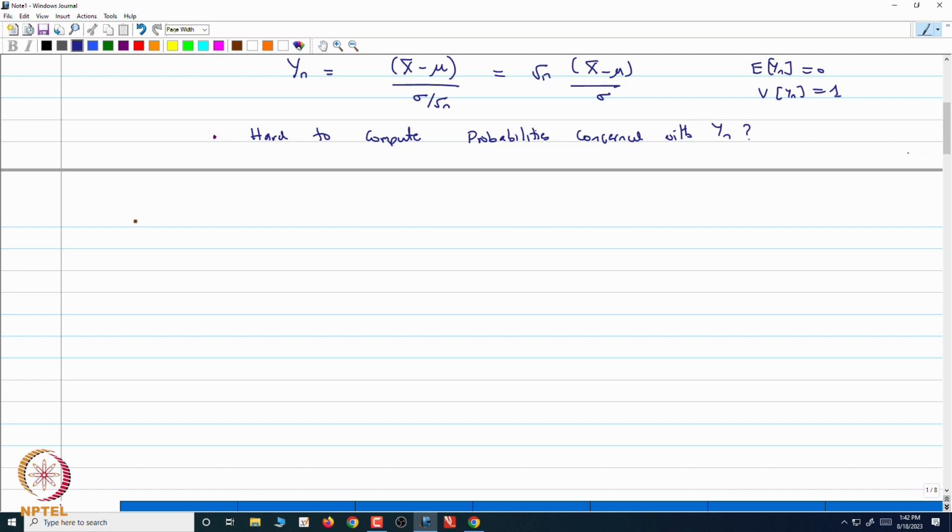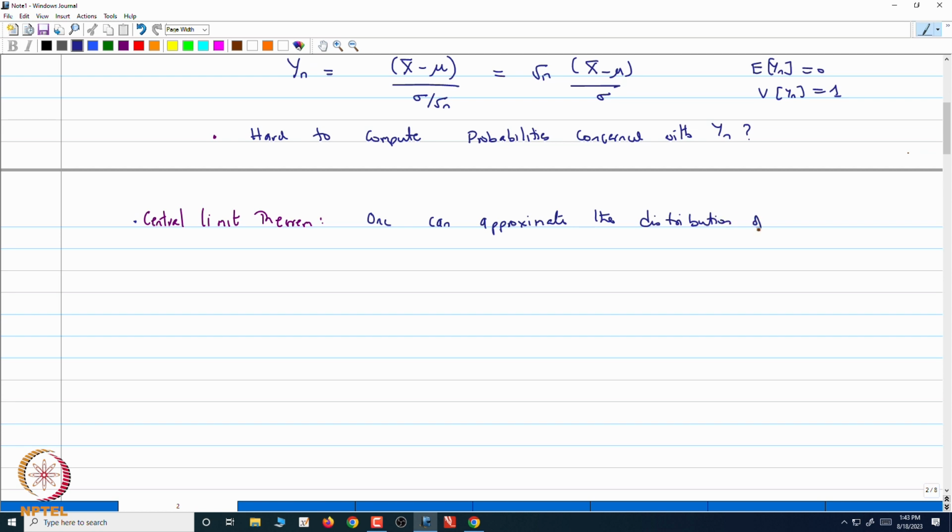So, the key punchline is the following. The key is this central limit theorem. It's a remarkable result that states that one can approximate the distribution of Yn by a standard normal random variable for large n.